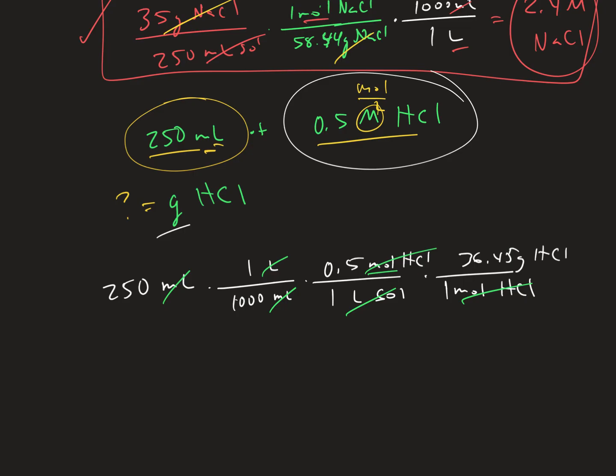Where do you get 36? This is just the molar mass of HCl. You divide 250 by 1,000, times 0.5, and then multiply by 36.45. And we get an answer, right?